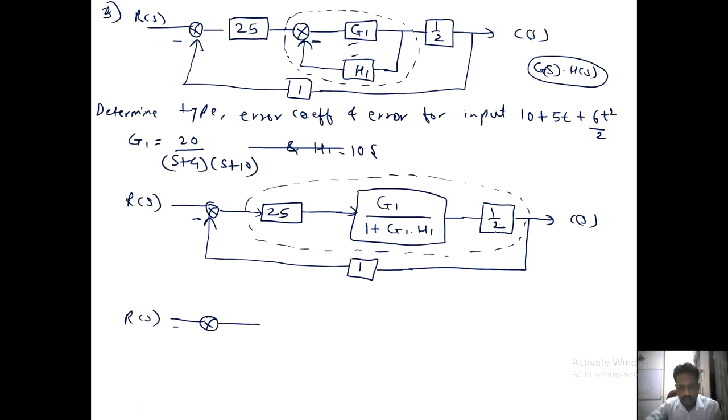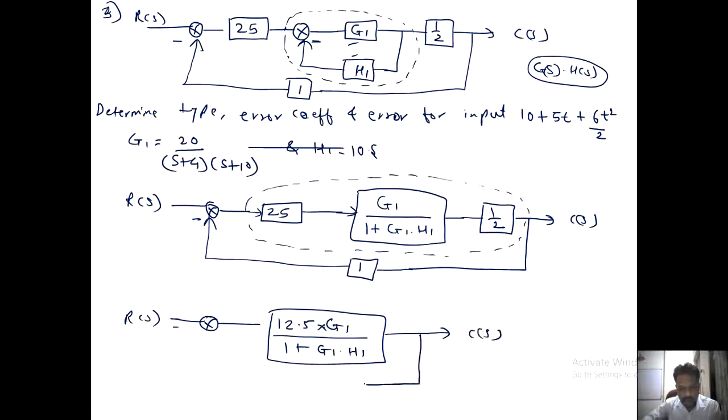So 25 by 2 will be 12.5, half of 25 is 12.5, into G1 divided by 1 plus G1 into H1, then C of s, and in return there is a 1 with a minus sign.